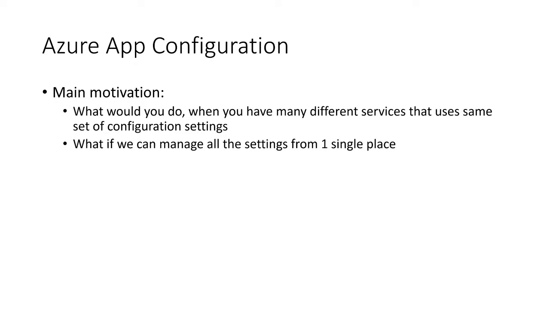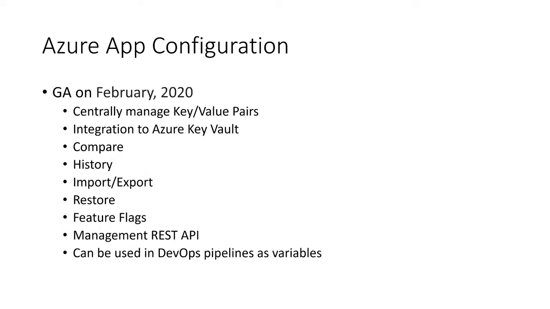And then, if we can have the ability to maintain all these settings from one single place, it will really make our lives easier, especially on the DevOps side, I believe you would agree. So that's why Microsoft has come up with Azure App Configuration.